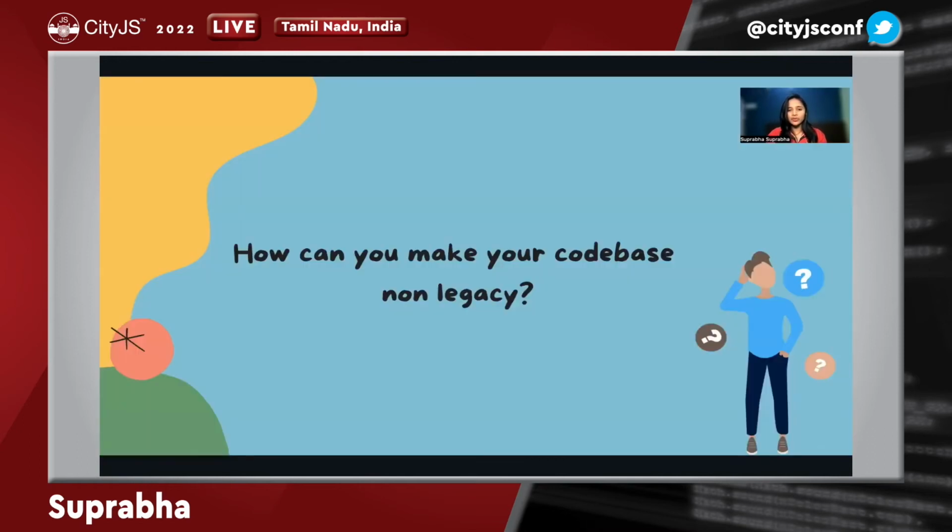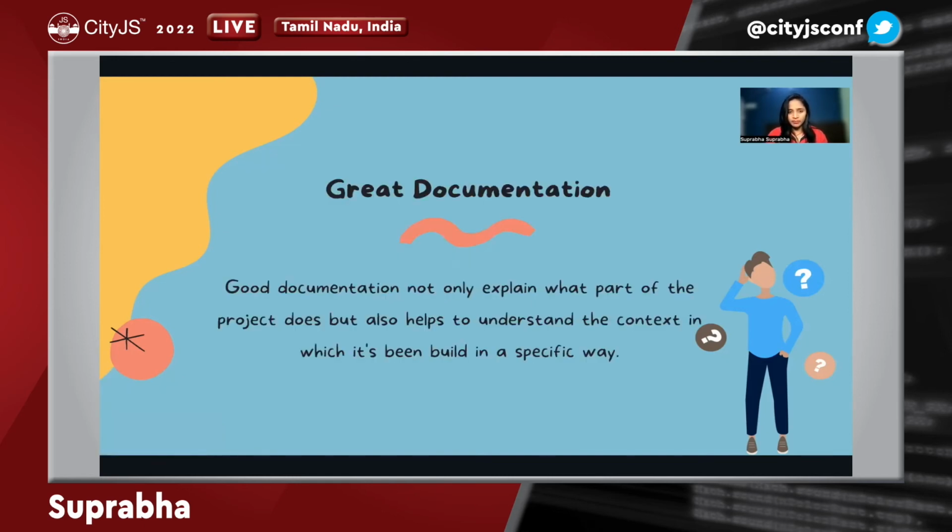How can you make your code base non-legacy? Like we spoke about initially, if those things had been on the plate, I would not have had to think about refactoring the whole code base. The first is documentation, which we remembered. Great documentation always helps, whether it is docs or your README file.